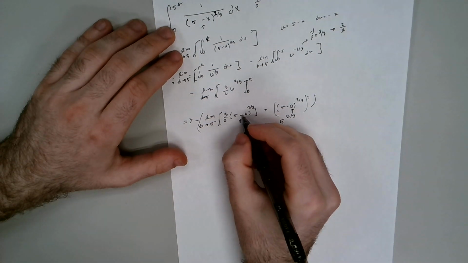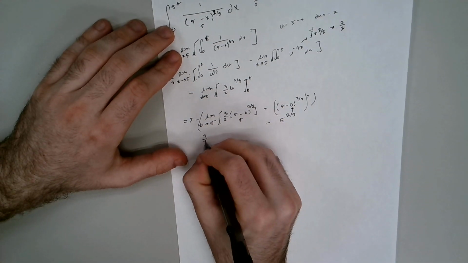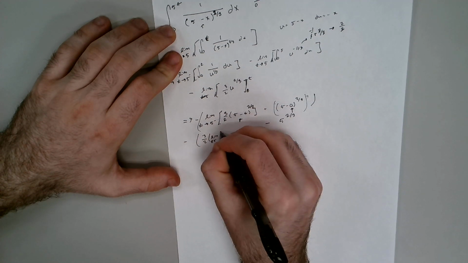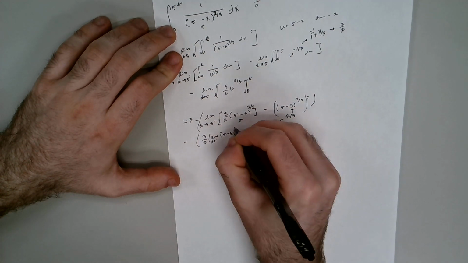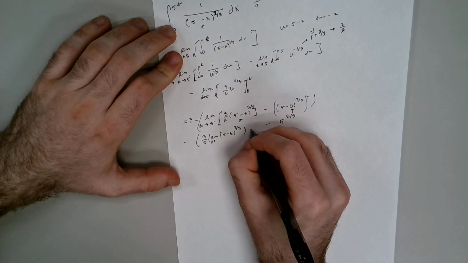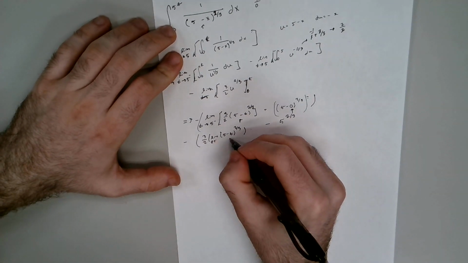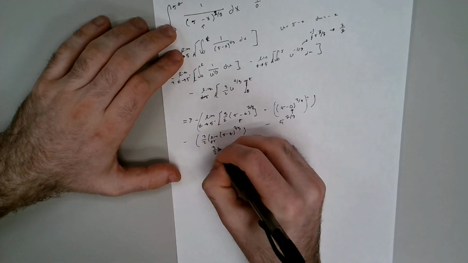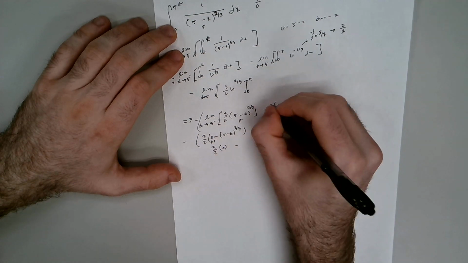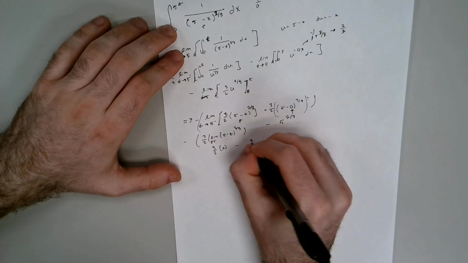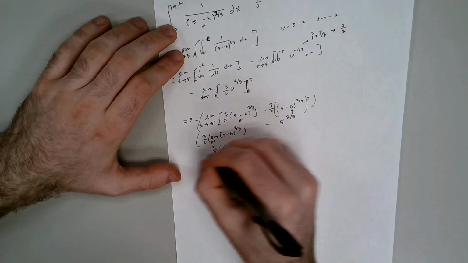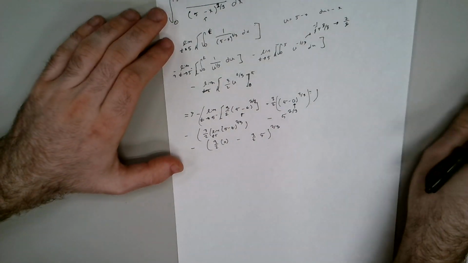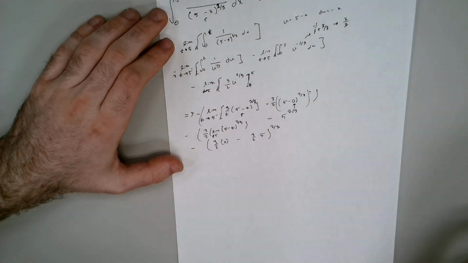If we apply the limit inside, we get 3/2 times the limit as t goes to 5 of (5 minus t) to the 2/3 power. This is going to evaluate to 0, because we get 5 minus 5. It'll be 3/2 times 0 minus, oh, and I forgot the 3/2 here, 3/2 times 5 to the 2/3 power. And don't forget we had to carry out the negative from earlier.